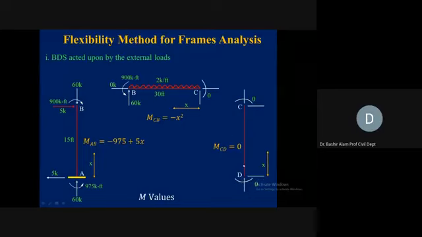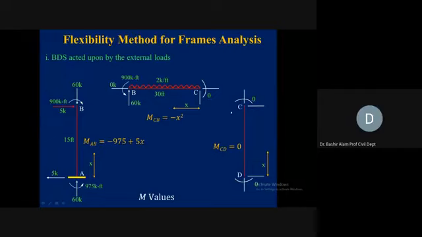We need to keep this member in equilibrium. So nothing in the vertical direction at joint D, and in between we don't have any load, so nothing is going to be balanced at joint C. So at joint C the axial force becomes 0, the shear is 0, and the bending moment is also 0.